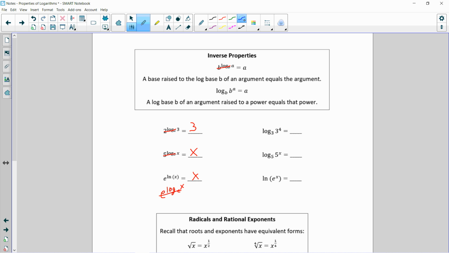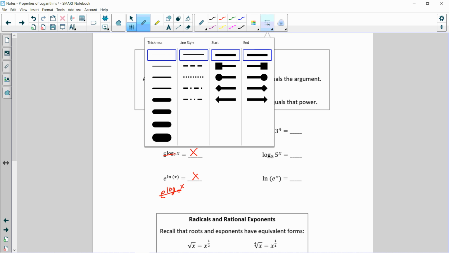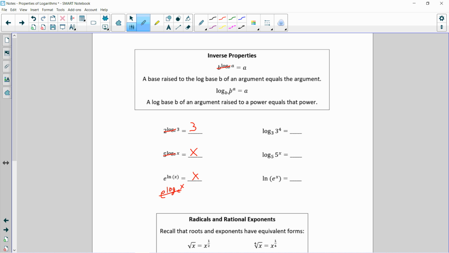So the same thing happens here. If it's log base b of an argument on the inside that is raised to some power a, it equals just that power.